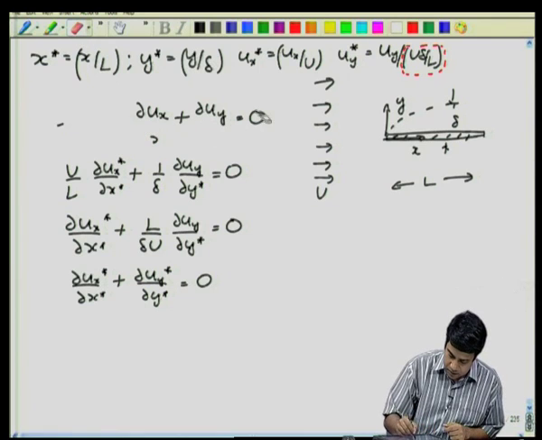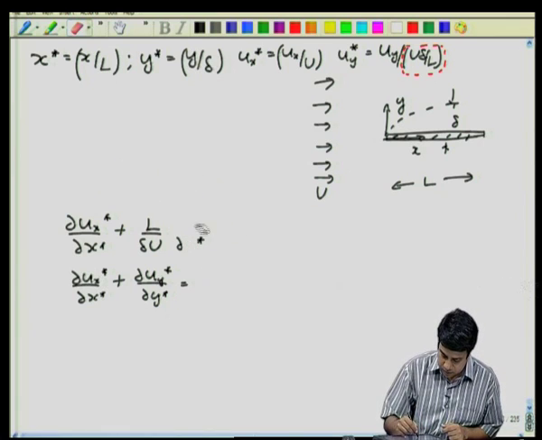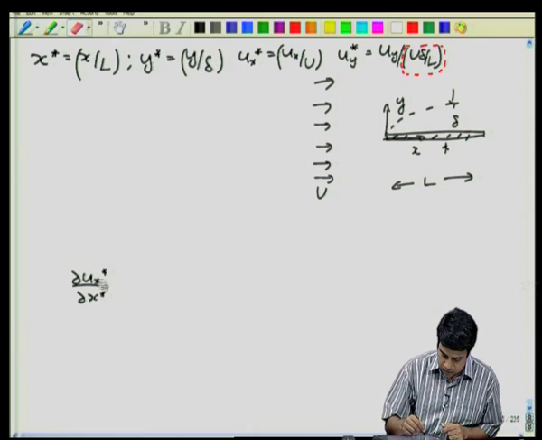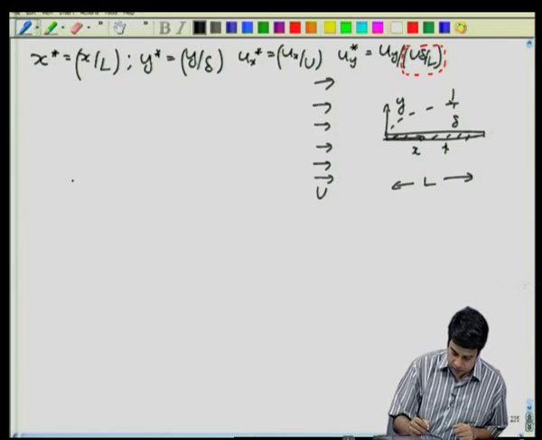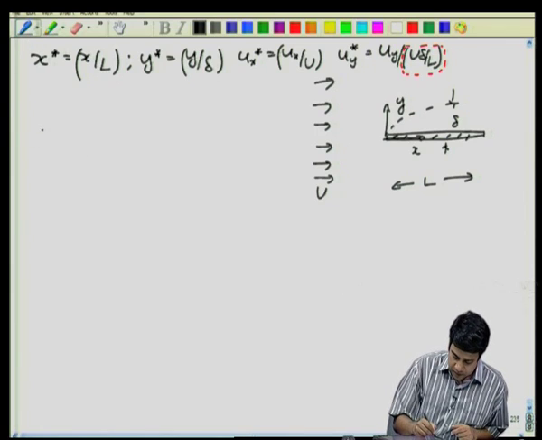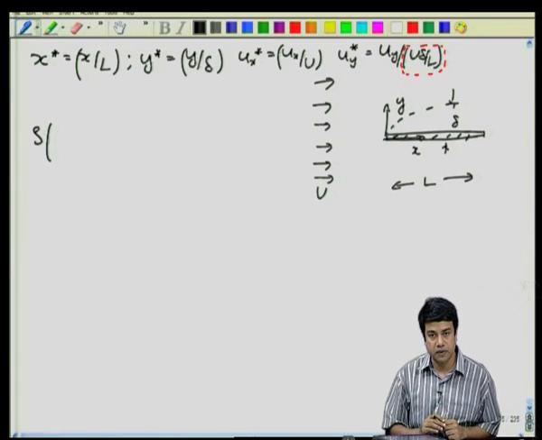Next, let us go to the momentum conservation equation, in the x direction. First, we will take the x momentum conservation equation, because it is the x velocity that we were having difficulty with at the boundary condition.